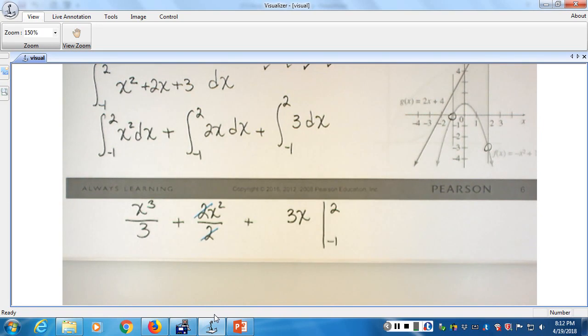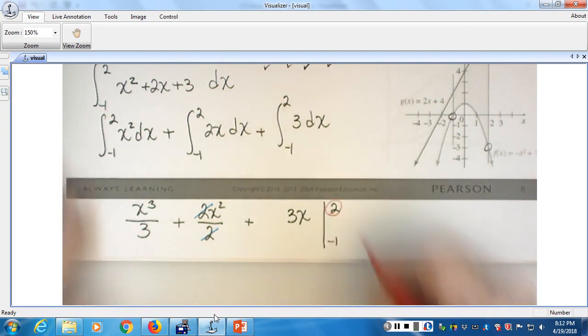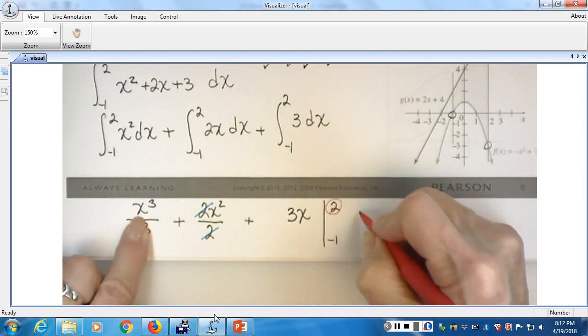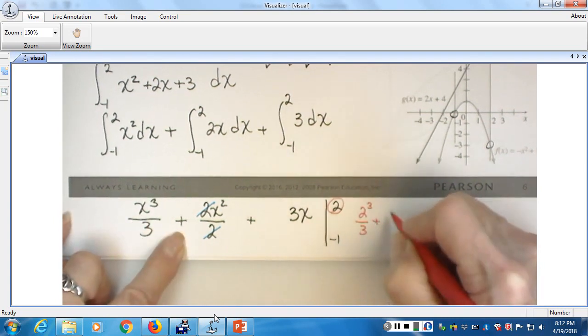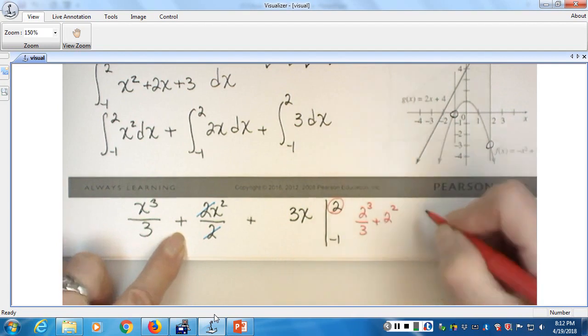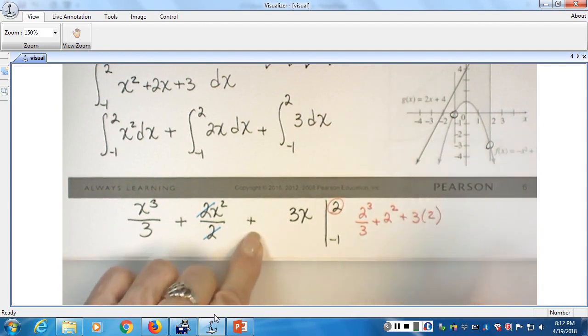Okay? So we're going to first plug in the upper value, which is 2. So that's going to be 2 cubed over 3 plus 2 squared plus 3 times 2.